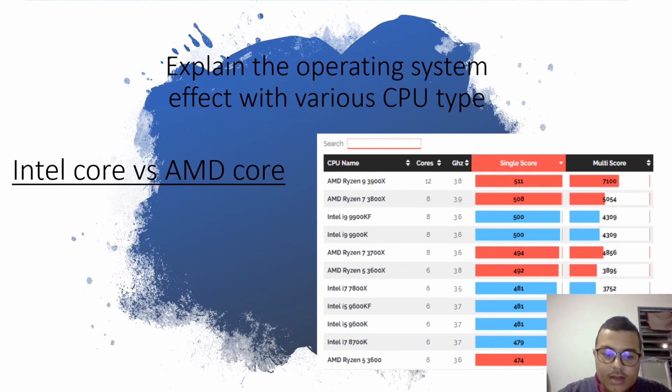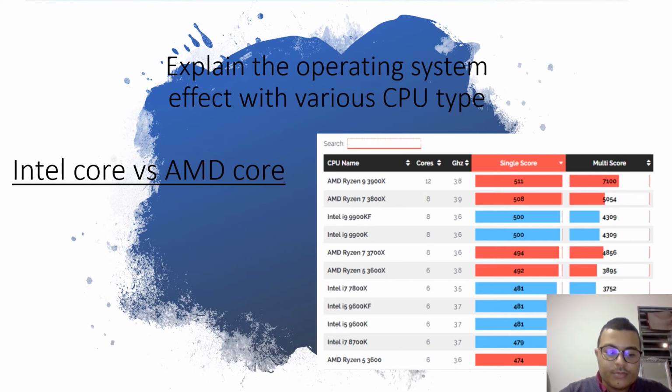Also, if we want to compare between Intel Core i3, Core i5, and Core i7, i3 and i5 are both mid-range CPUs, and Core i7 is a high-end CPU in the market. The difference is the number of cores and clock speed. For example, Core i3 and Core i5, I think both of them have the same number of cores, but i7 has more cores. So also you can compare between them.